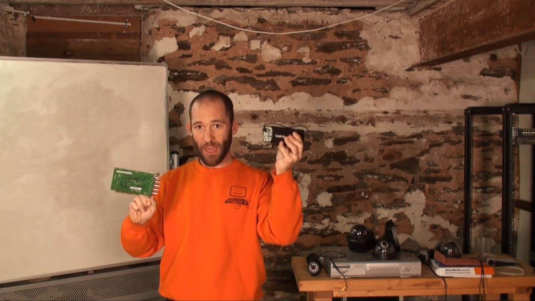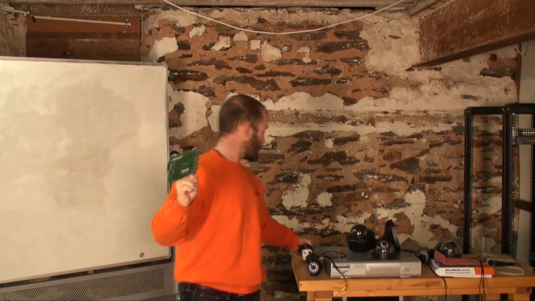So this is the first type, an analog surveillance system. You have a camera, and the cable goes from the camera directly to the card. This is a card for what is called a PC-based DVR, because this is an actual PCI card.